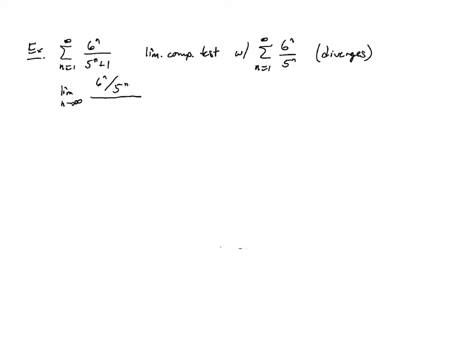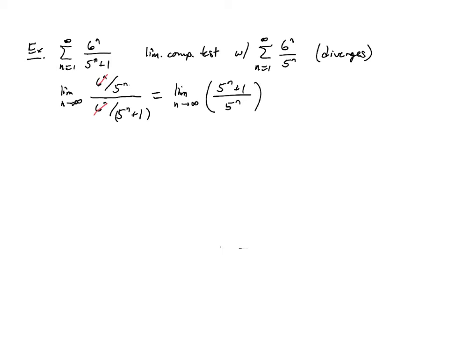Let's just do the terms from the series we care about divided by 6 to the n over 5 to the n plus 1, the series that we are interested in. So when we simplify this, the 6 to the n's cancel, and I put everything under a single denominator, we end up with the limit as n goes to infinity of 5 to the n plus 1 over 5 to the n.